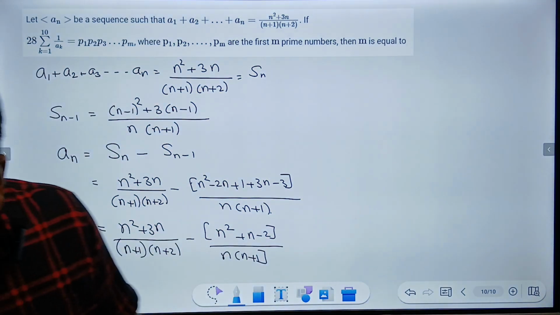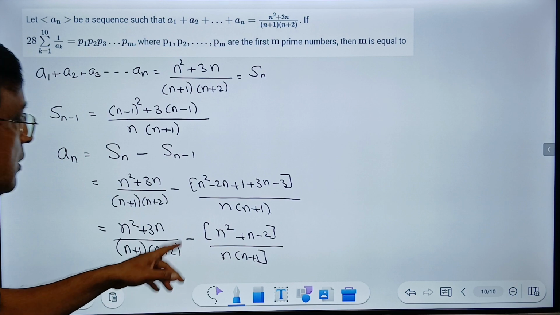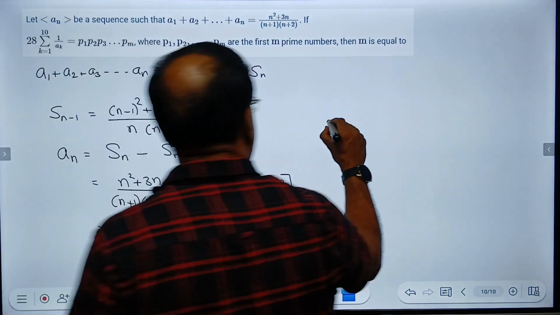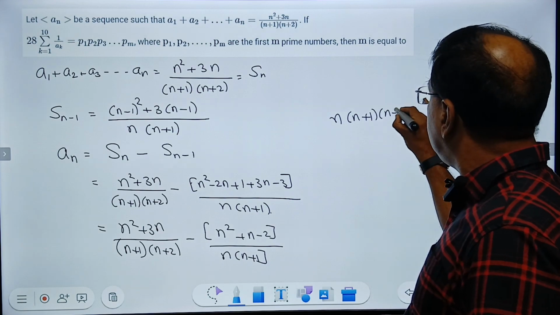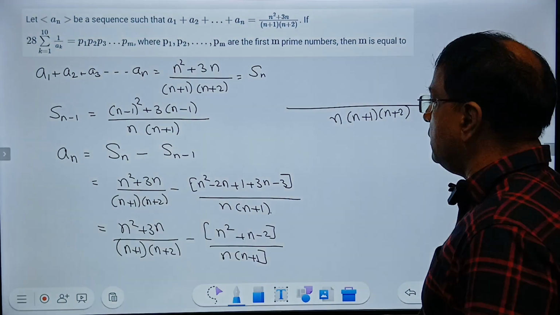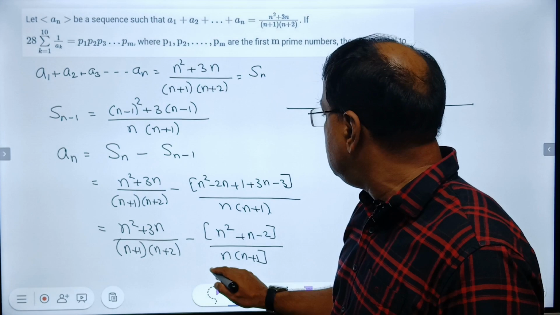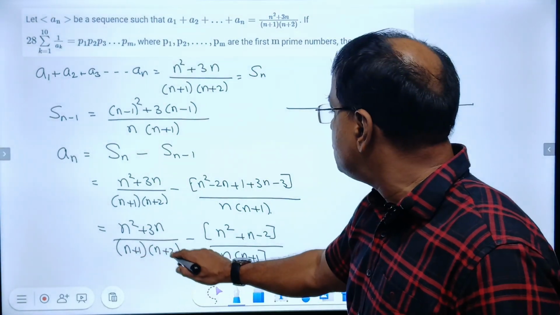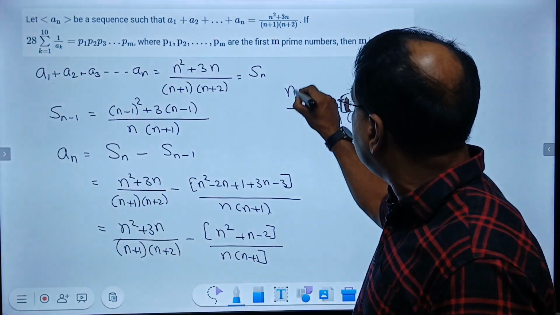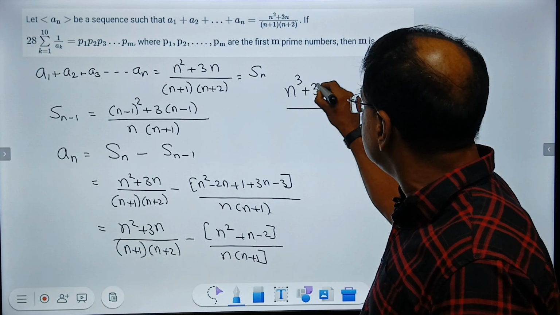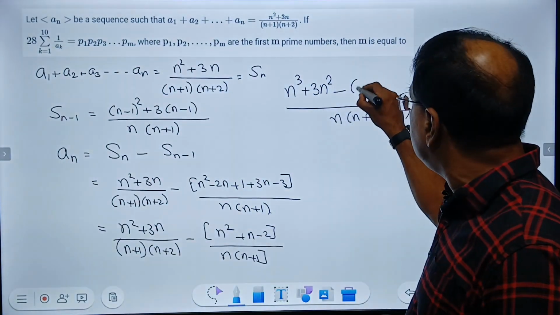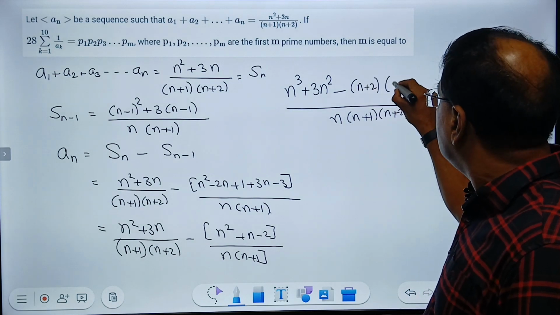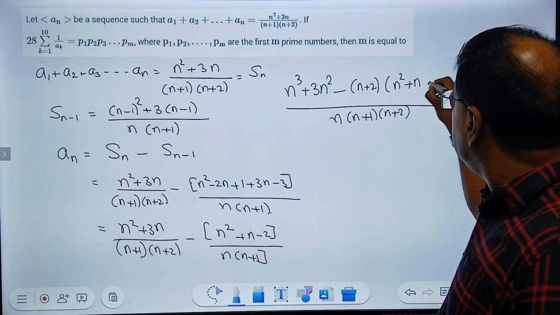Correct? Now you take LCM. If you take LCM, the LCM is n into n plus 1 into n plus 2. So what will you get? You will get n plus 1 is there, n plus 2, n is not there. So it will be n cube plus 3n square minus, here n plus 2 is not there, so it is n plus 2 into n square plus n minus 2.